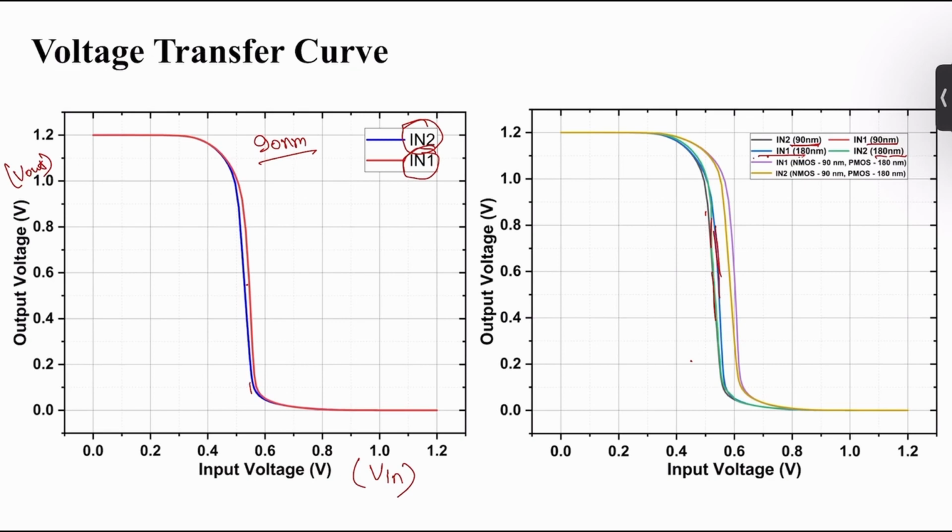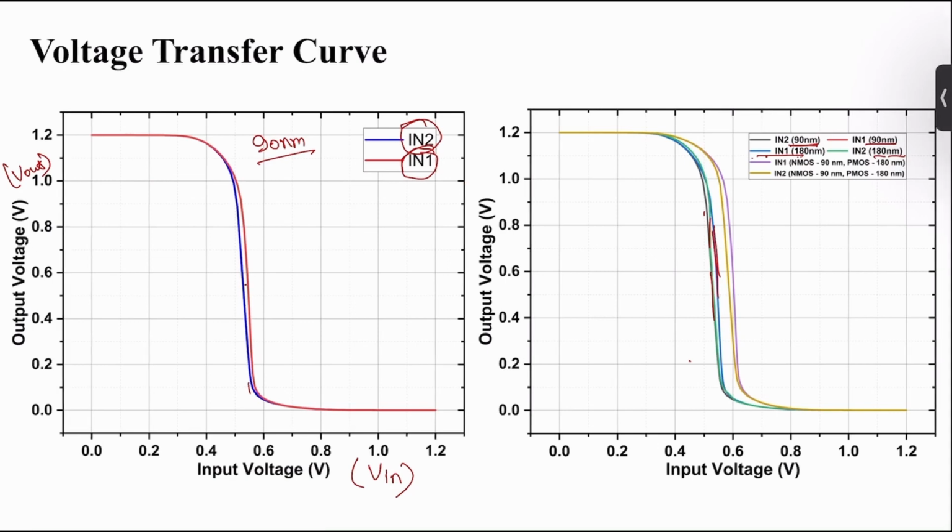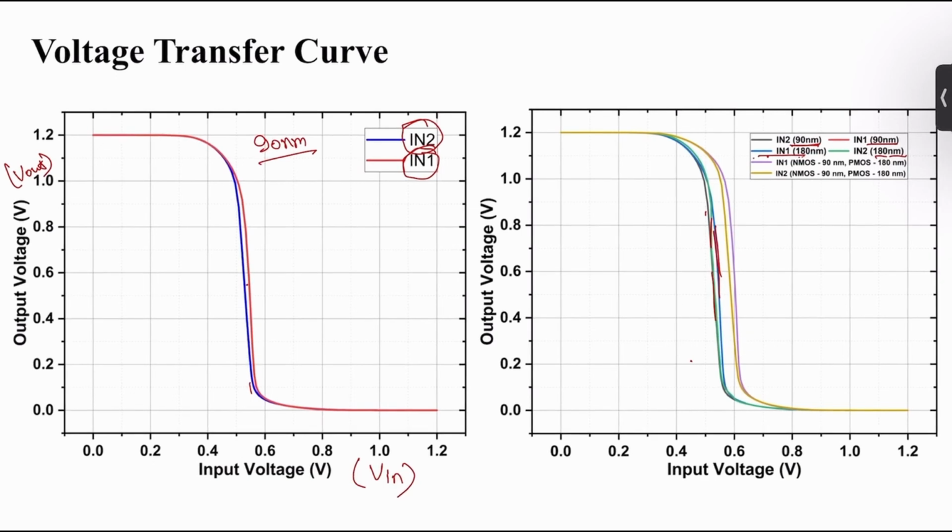So between 90 nanometer and 180 nanometer there is only a little bit of change. If we choose NMOS as 90 nanometer and PMOS as 180 nanometer, we can see there is some increase, from around 0.6, and before that the 90 nanometer lags behind the 90 nanometer, 180 nanometer case. So this is the comparison with different area factors.